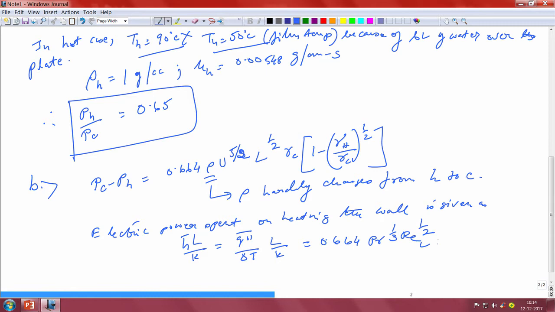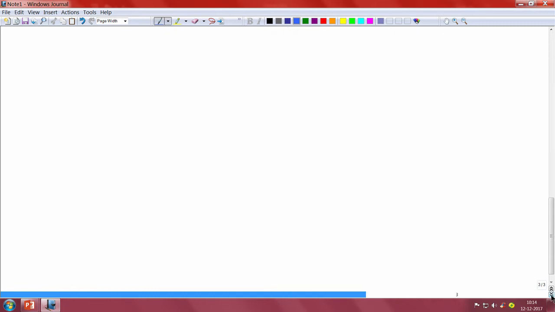Let us go to the next page. So q double prime into L becomes 0.664 k_h delta T Prandtl_h to the power of 1/3 times (UL by gamma_h) raised to the power of half.